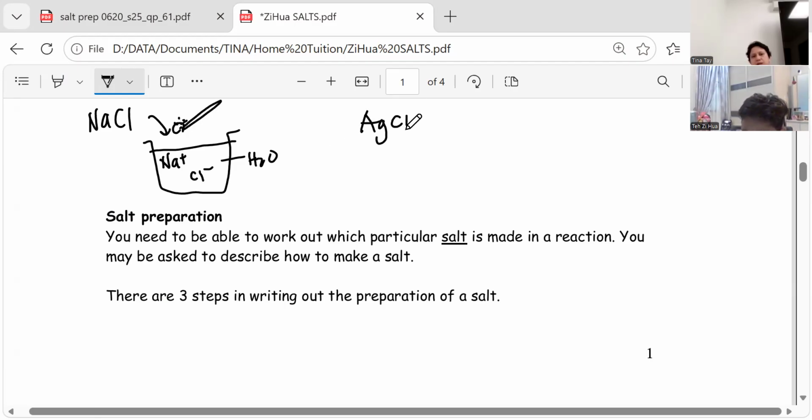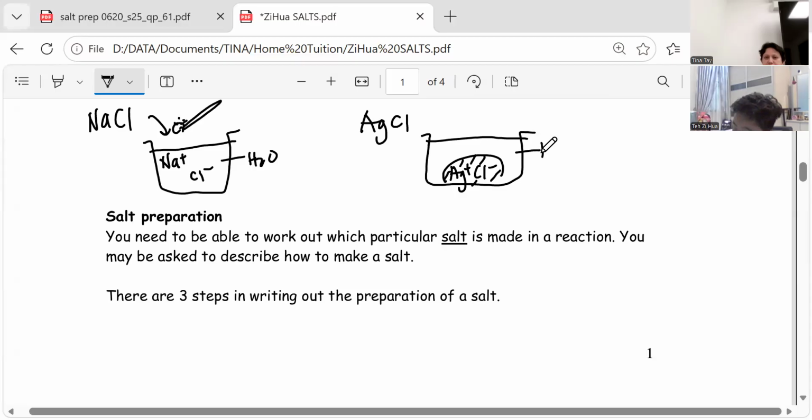Now, silver chloride, soluble or insoluble? Insoluble. So what happens is when you put it inside, the silver ion and the chloride ion love each other so much that they refuse to separate. So they look like a piece of solid inside. It doesn't dissolve, like sand.